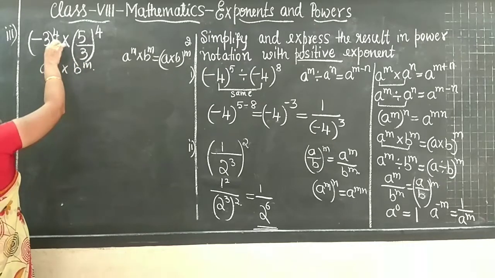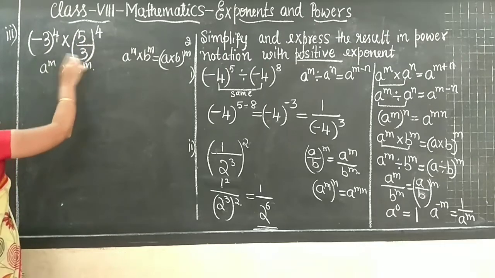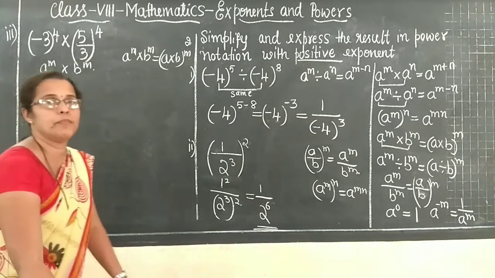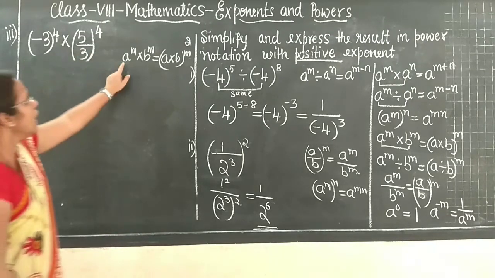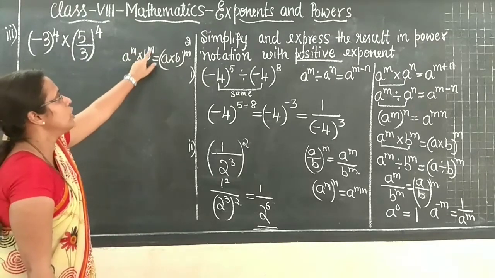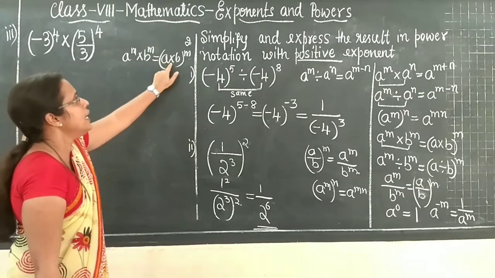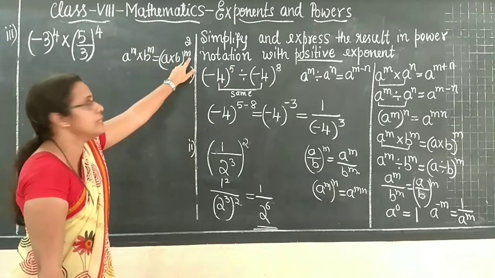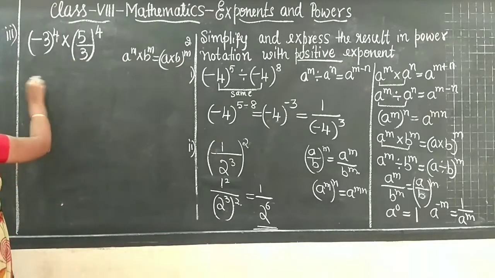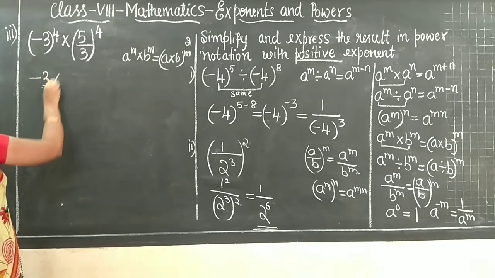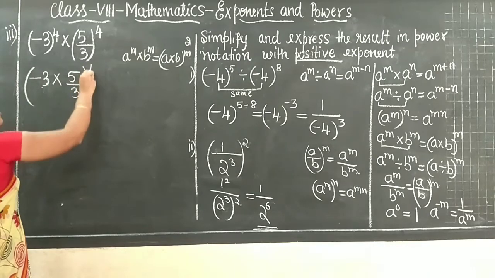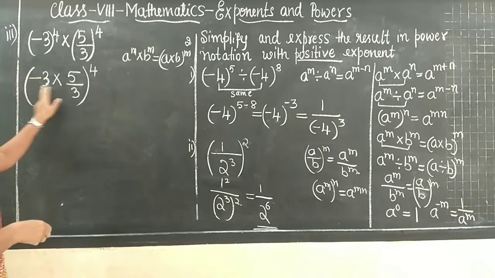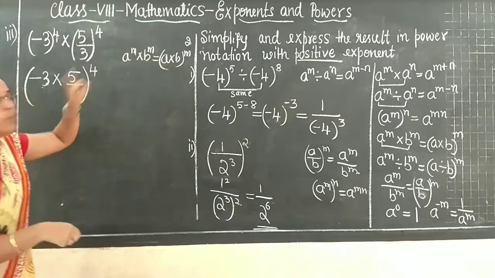Because the powers are the same and the bases are different, how do you write it? a to the power m into b to the power m is equal to a into b whole to the power m. In the sense, how can I write here? Minus 3 into 5 by 3 whole to the power 4. See, the base goes inside the bracket, the power once.